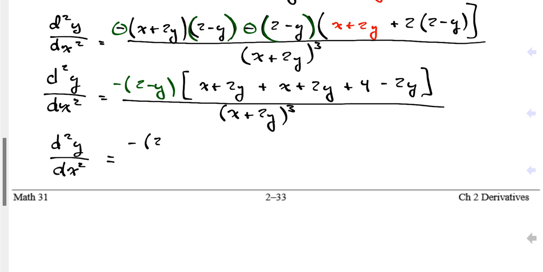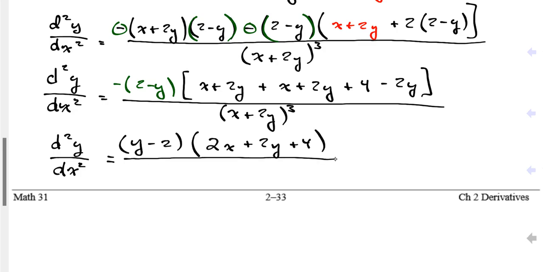Actually, I'm going to get rid of that negative right away. Just distribute it in. So I'll have a y minus 2 in front. I have 2x, 2y plus 2y minus 2y gives me a plus 2y plus 4, all over x plus 2y all cubed.